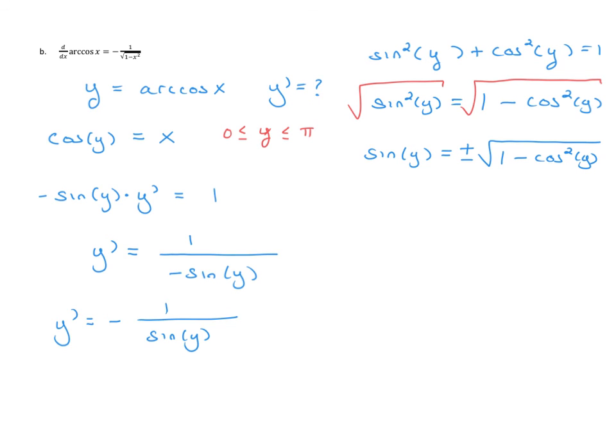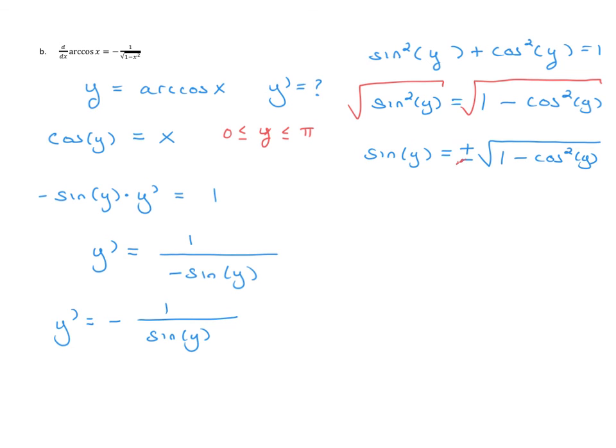However, sine is positive in the first and second quadrant on the unit circle, and those angles are everything from 0 to pi. So the way arc cosine is defined, sine of the angle will always be positive. It will never be negative. So this is actually a great thing.